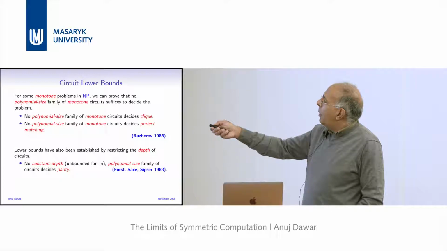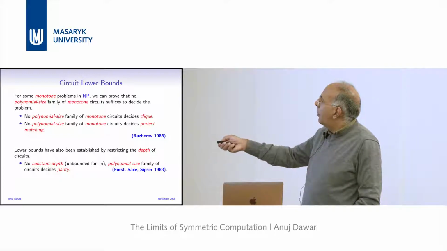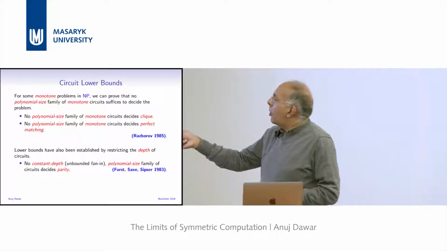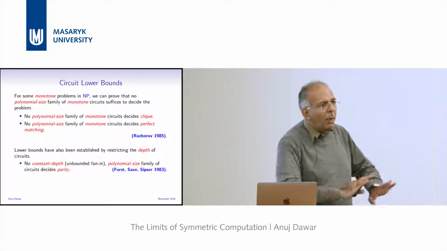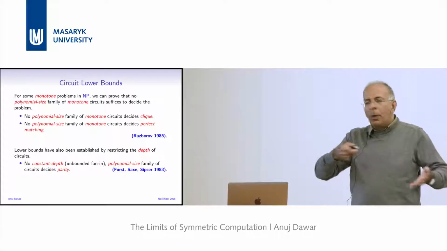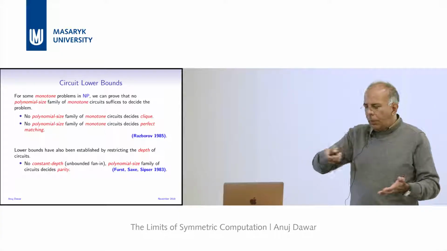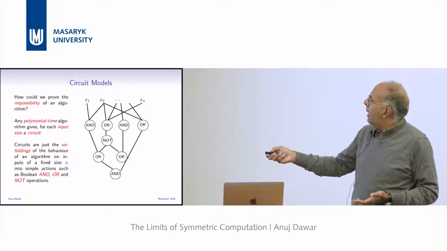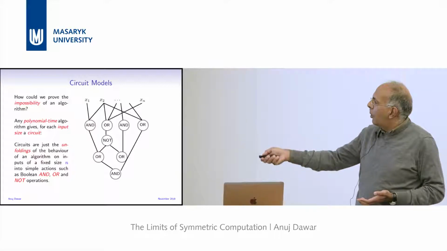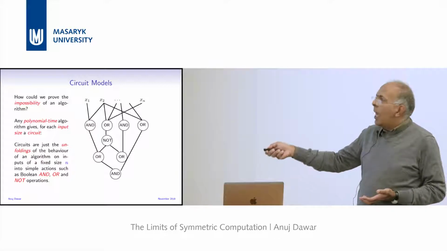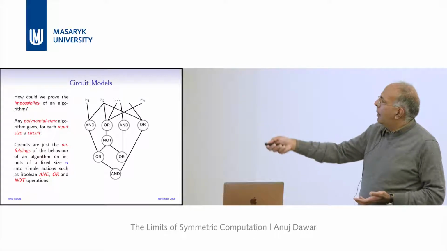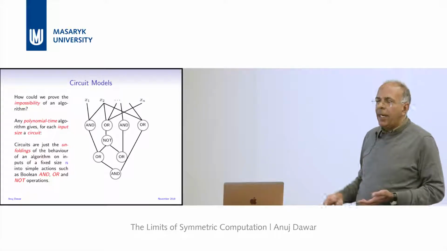Another kind of lower bound that has been proved on circuits is restricting the depth of the circuit. Okay, so monotonicity was one restriction. We forbid NOT gates. Another kind of restriction is you bound the depth. So the depth of the circuit is basically the length of the longest path from an input to an output. And we have a size bound saying that the size of the circuit grows polynomially in n.